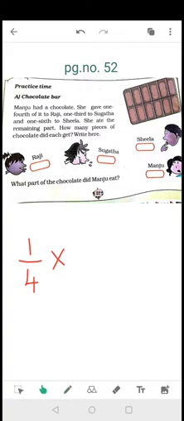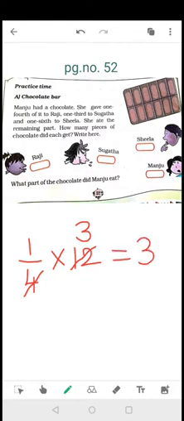How many chocolate bars are there? 1, 2, 3, 4, 5, 6, 7, 8, 9, 10, 11 and 12. 12. We have to divide this number. In 4 table, how many times 12 is coming? It is coming 3 times. And how much pieces Raji get? Raji will get 3 pieces.